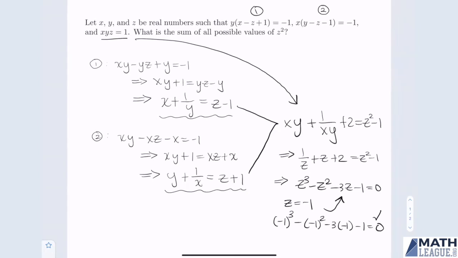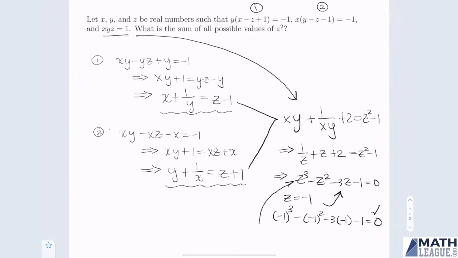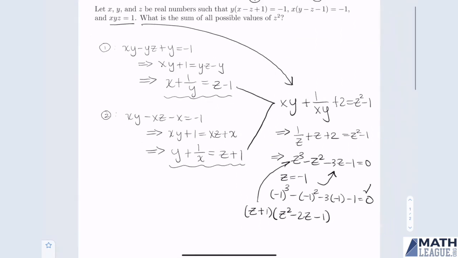So we know that z equals minus 1 is a root of this cubic, which means we can factor this cubic into a product of z plus 1 as well as a quadratic, which can be found to be z squared minus 2z minus 1. So now we have all possible values of z.